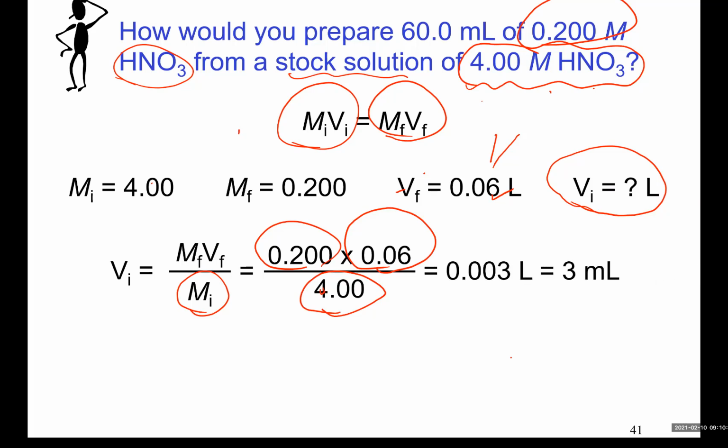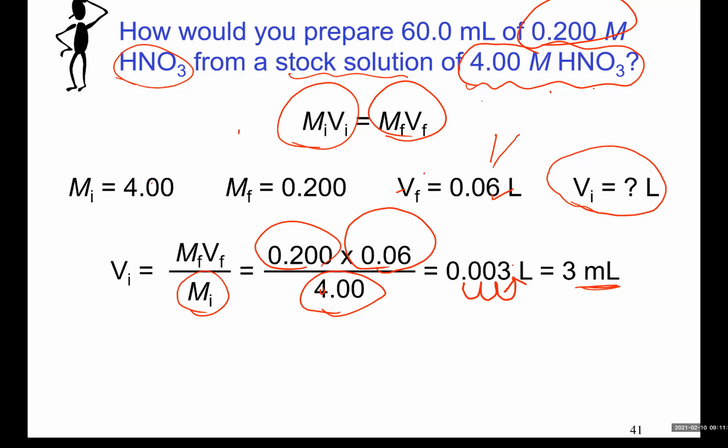By doing this, you get the volume 0.003 liter. And if I want to express this in milliliters, all I have to do is multiply liters by 1,000 to get milliliters. Or you can say, for multiplying by 1,000, I'm going to move the decimal point 3 places to the right. I hope this makes sense to you.